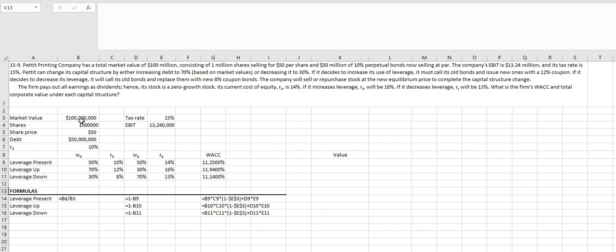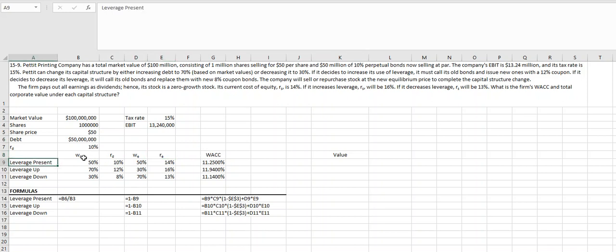Hence the market value is 100 million. The firm's tax rate is 15%, and we know that the firm has an EBIT of 13.24 million. So now we want to identify the weight on debt, the rate on debt, the weight on equity, and the rate on equity under each of the scenarios.